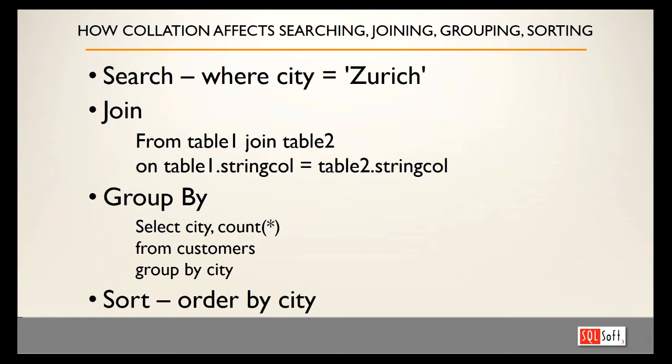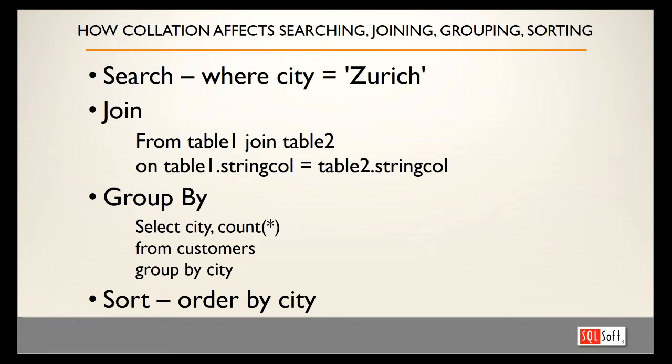If we group by city, will the Zurich without the umlaut and the Zurich with the umlaut be in the same group, which they will be if you use an accent insensitive collation, or will they be in two different groups, which will be true with the default accent sensitive collation?